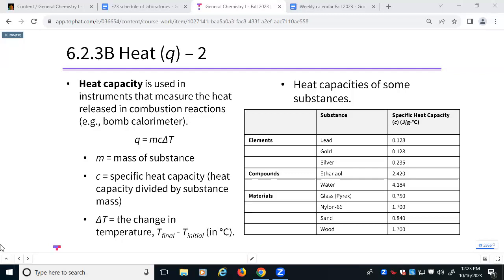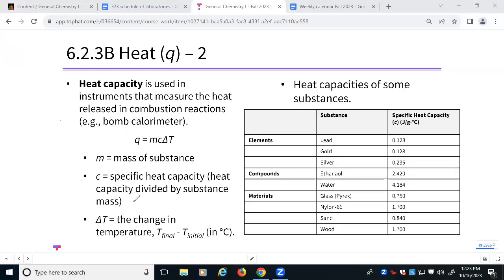This is the amount of energy that it takes to raise the temperature of 1 gram of silver by 1 degree Celsius. This is the amount of energy it takes to raise 1 gram of Pyrex glass by 1 degree Celsius. This is the amount of heat it takes to raise 1 gram of wood by 1 degree Celsius. And so a couple of important things that we want to draw out here.